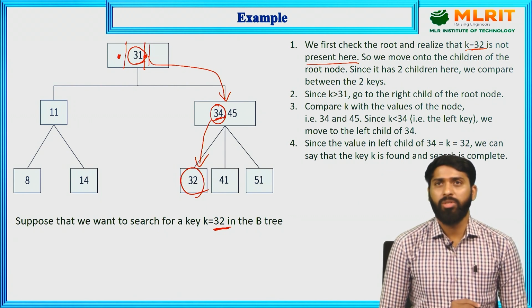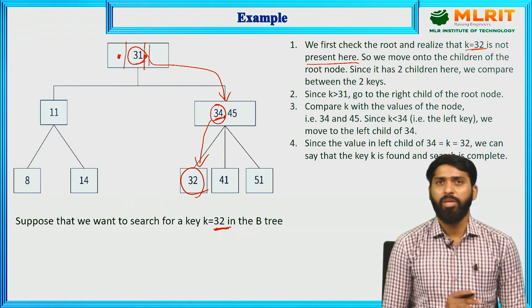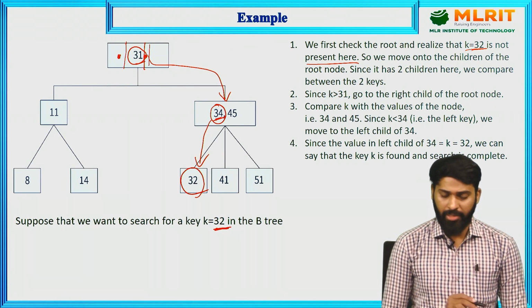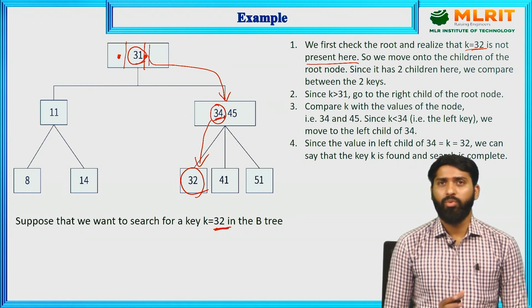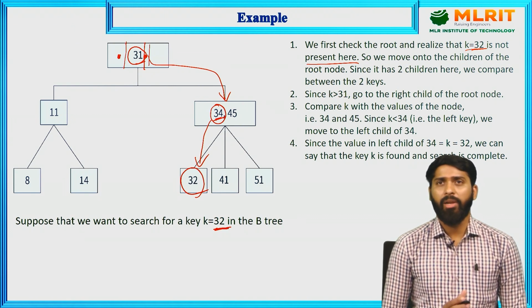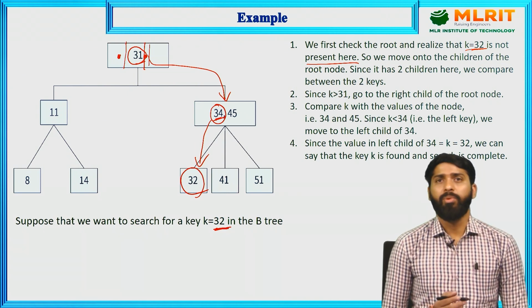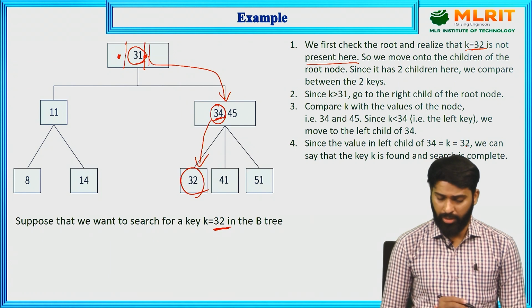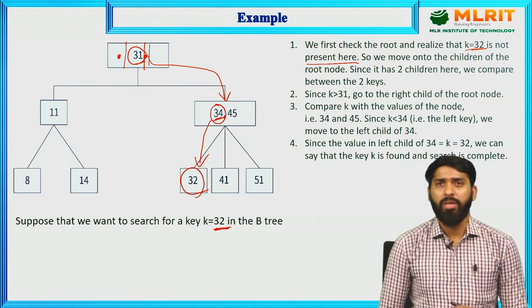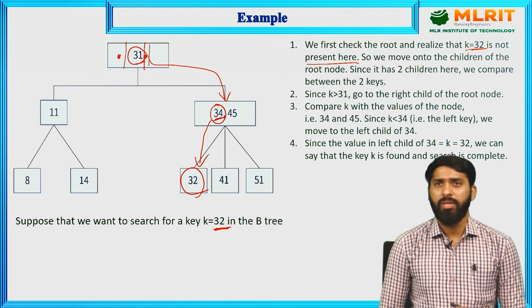Since it has two children, we compare between the two keys. Since K is greater than 31, go to the right child of the root node and compare K with the values of the node, that is 34 and 45. K is less than 34, so we move to the left child of 34. Since the value in the left child of 34 is 32, the key K is found and the search is complete.